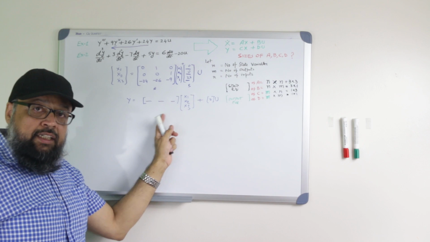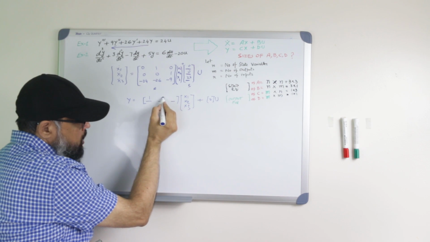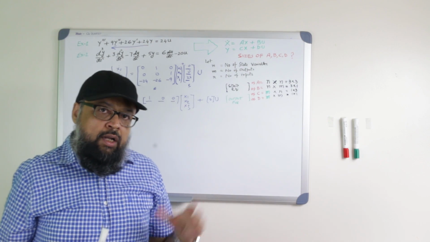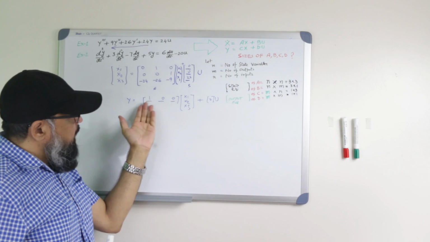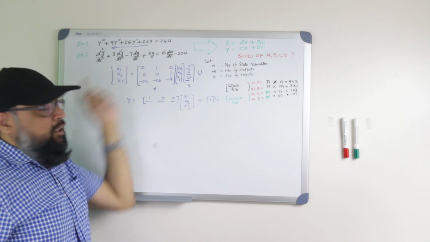Now what are these entries? The first entry is always 1 and the rest are zeros. I will explain first why these 1s and zeros are coming here, and then I will do the other equation.